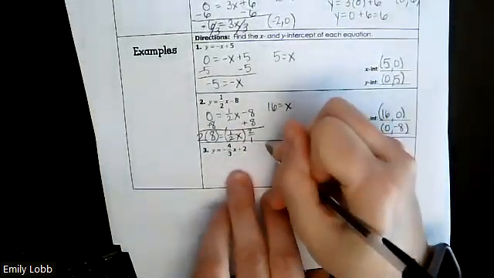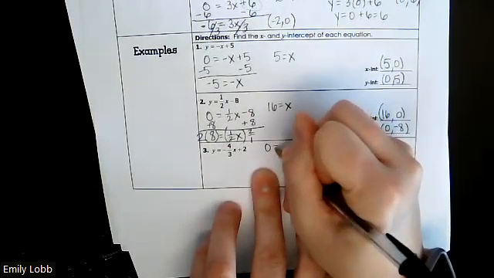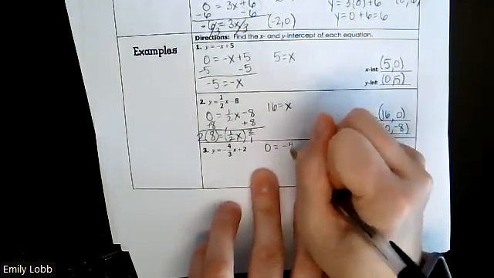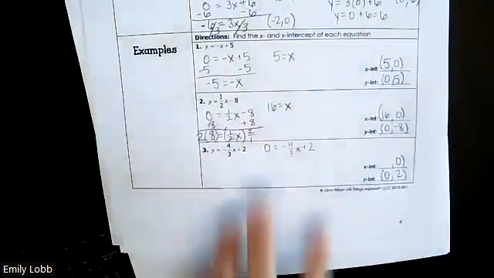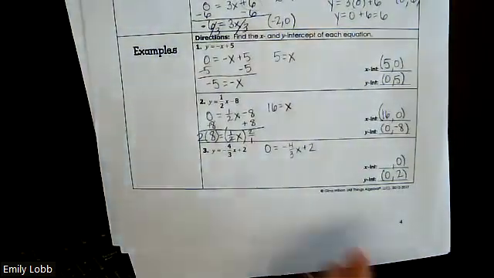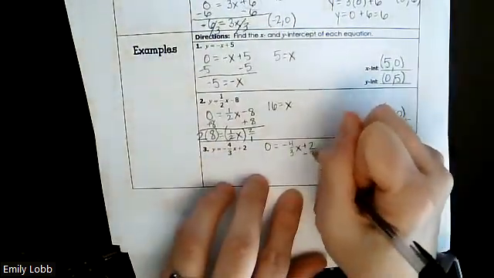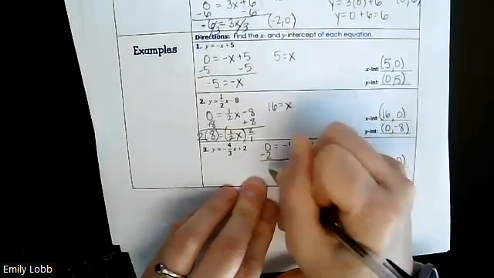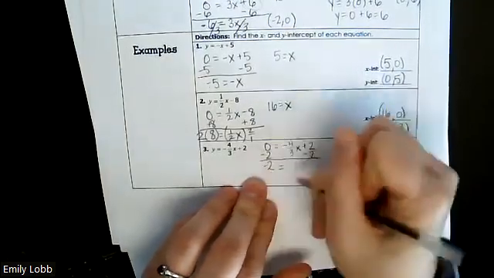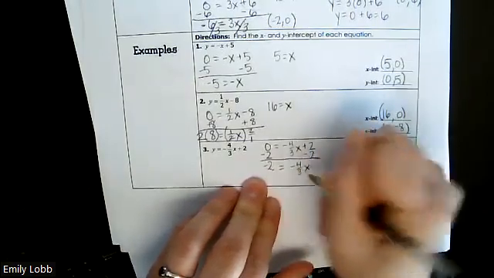So if I'm going to start up here so we have a little bit more room. 0 is equal to -4/3 x plus 2. So again, with two-step equations, we got to get rid of our constant first. So now I have -2 is equal to -4/3 x.